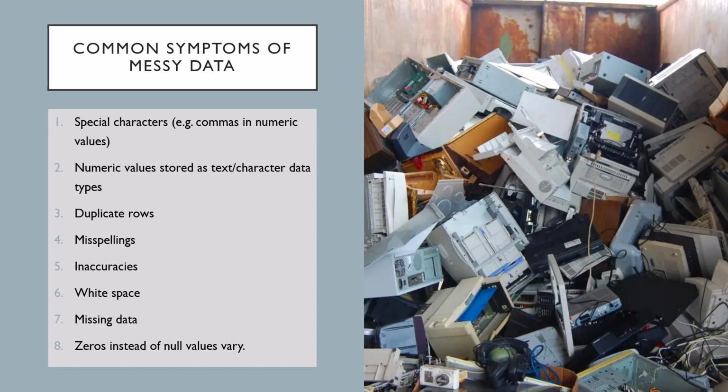In most cases, messy data has duplicated rows. For example, you should have a unique record for each individual and yet you have two. Then there are misspellings, inaccuracies, white space, missing data, zeros instead of null values.